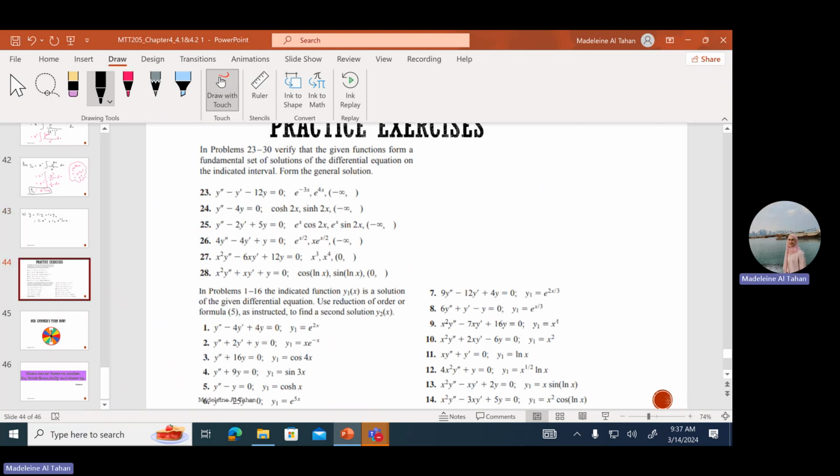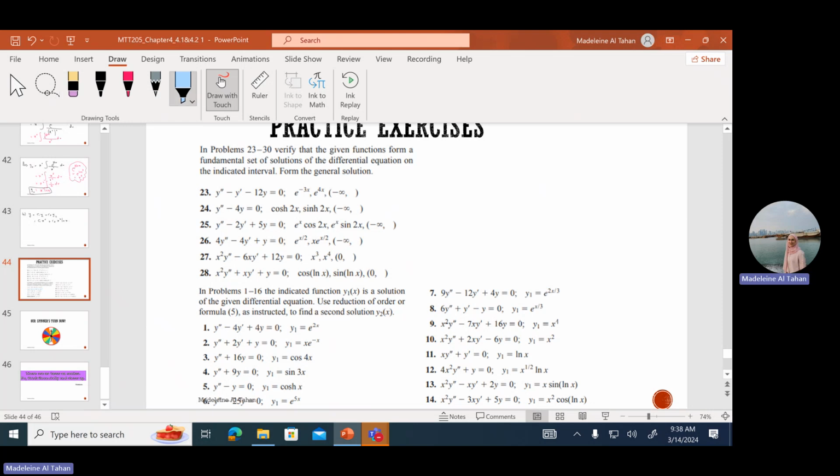Okay, let's choose an example. Can we try this one?